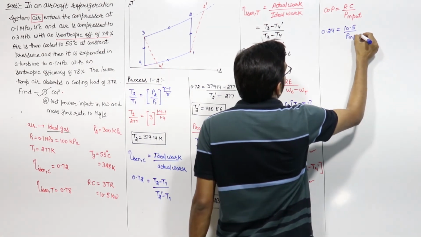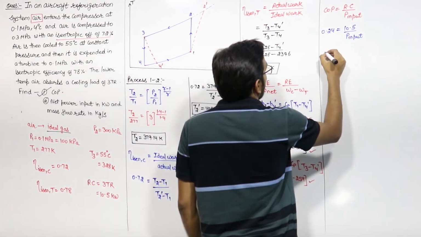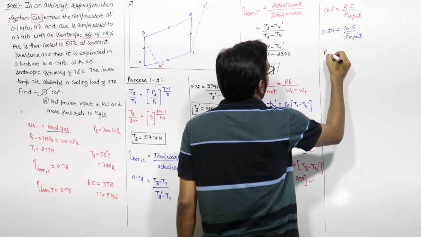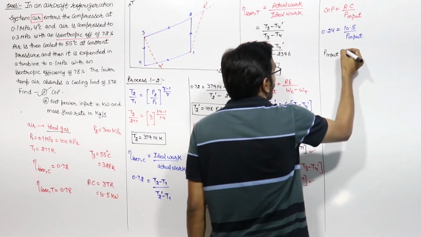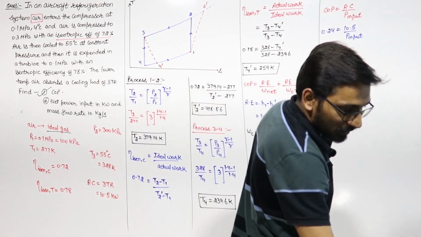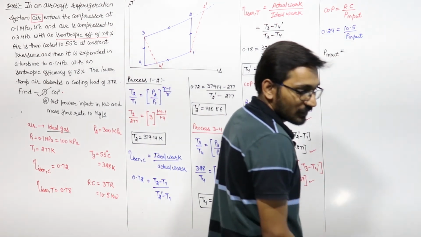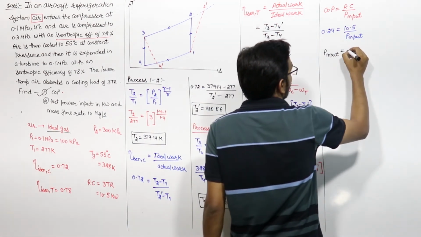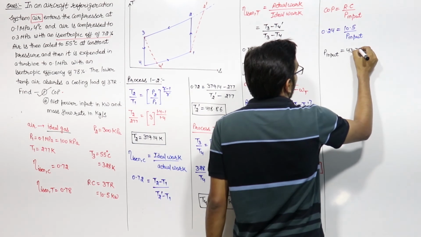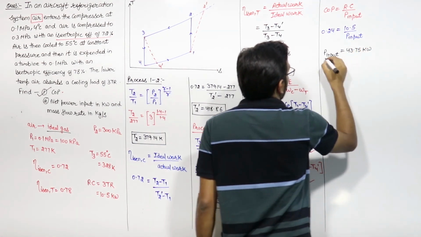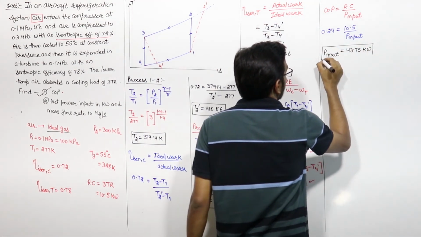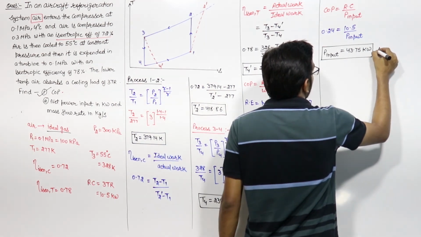So if you solve this, then you will get the value of power input in kilowatt, because this 10.5 is in kilowatt. So the power input will come out to be 43.75 kilowatt.